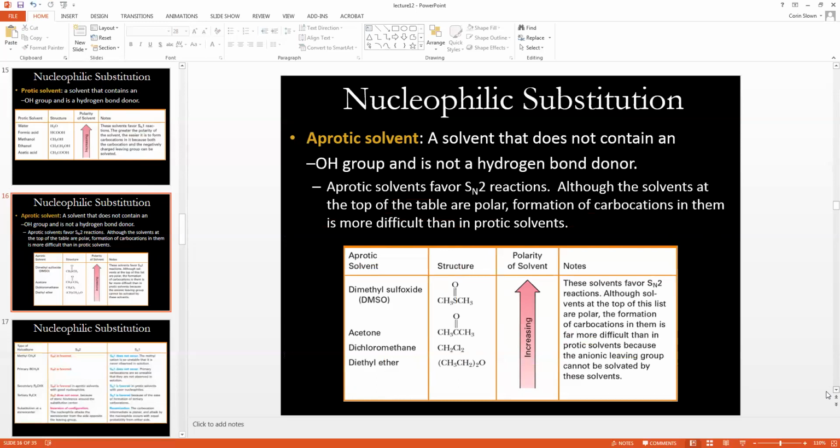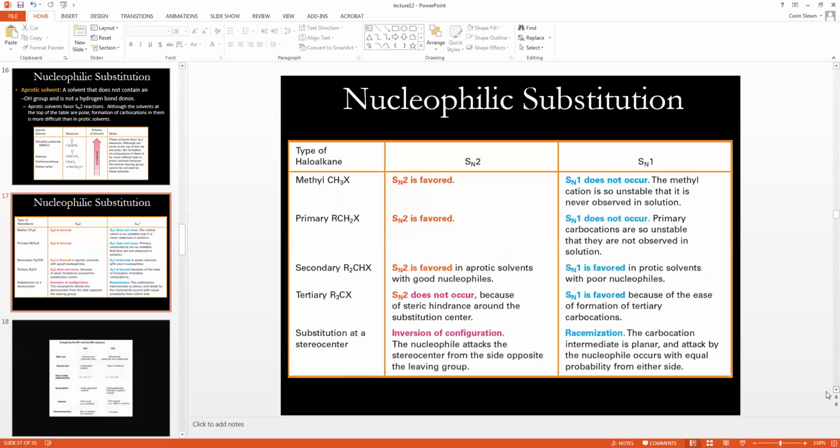So let's summarize what we know. If we think about this, here's a type of haloalkane: methyl, primary, secondary, tertiary, and then substitution at the stereocenter. And it tells us whether it's going to be favored for SN2 or SN1. It's useful for you to start to create a chart to think about what's going to happen. If it's a methyl, it's always going to do SN2.